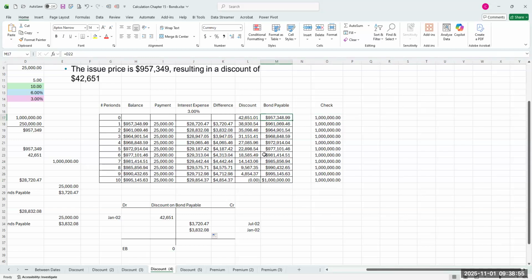It's gonna give you the balance on the balance sheet. Bond payable at the end of the life minus the discount, it's gonna give you the amount that's there on the balance sheet. And slowly, that amount's gonna go to $1 million, which is exactly the amount that we have to pay.